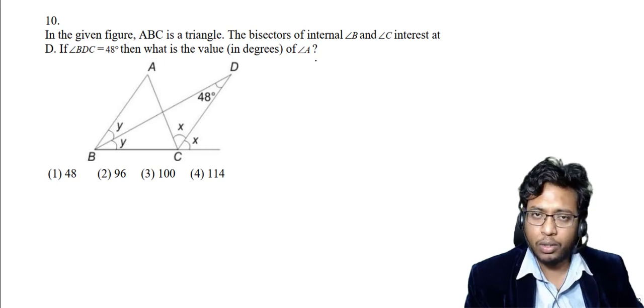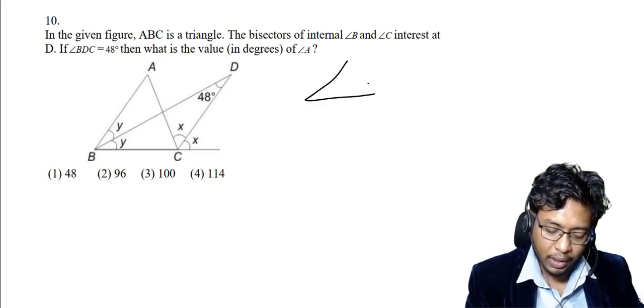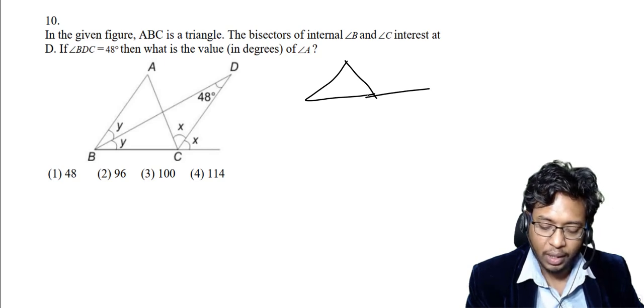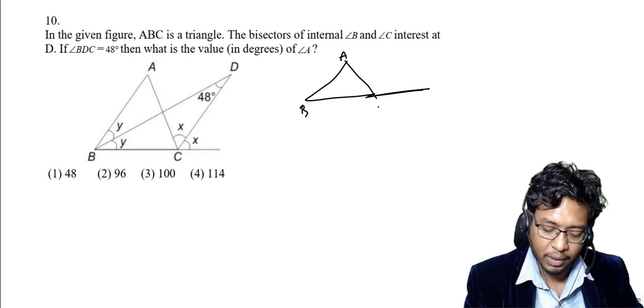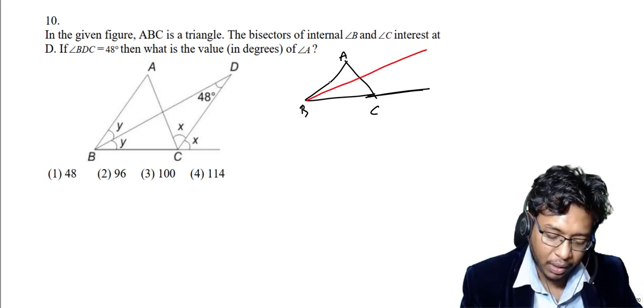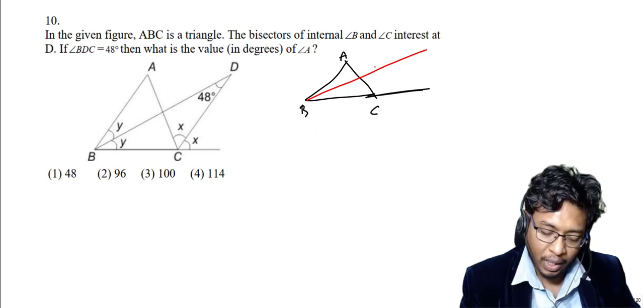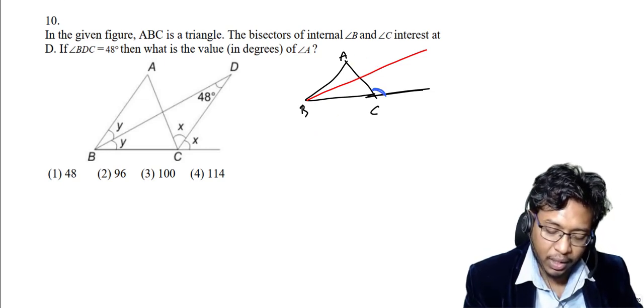Now see here. Now I will tell you a direct property also. Whenever an internal angle bisector and external angle bisector of a triangle meets, so if this is a triangle ABC, I will draw my internal angle bisector, that means internal angle bisector of B, and my external angle bisector. This is called external angle, right?